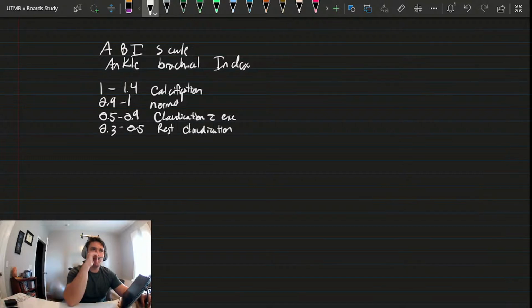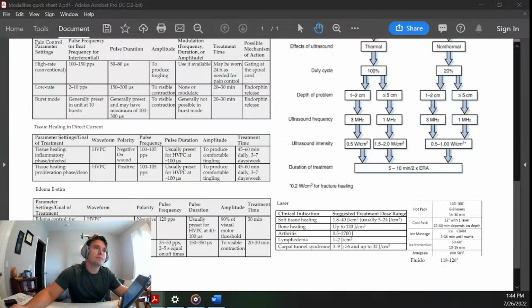So it may give you an ankle brachial index of, let's say, 6, or it might ask, the patient is having claudication with exercise, so the patient walks around and rates their claudication at a 4, which we'll go over in just a moment. But whenever it rests, it goes away. What is the most likely diagnosis of claudication here?